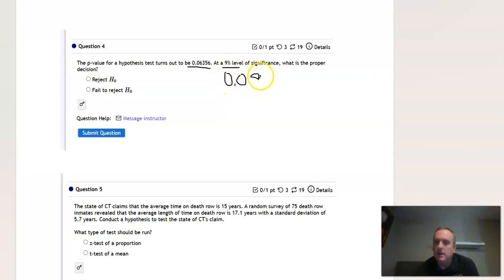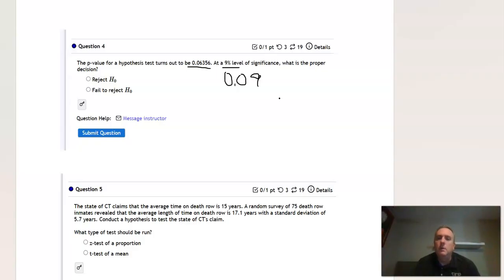So that's our cutoff for this experiment. If our p-value, our probability, is less than 0.09, then we're going to reject the null hypothesis. We're not going to expect to get a result just as extreme on a similar experiment the next time around. That would just be too unusual.